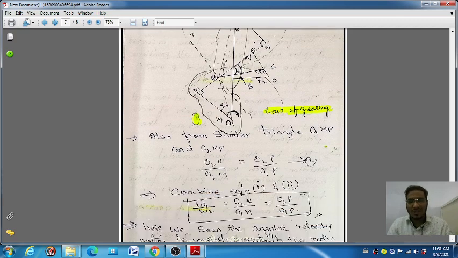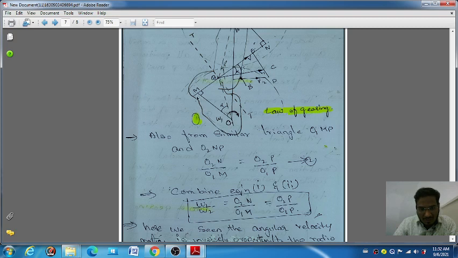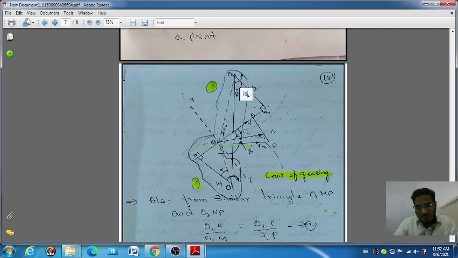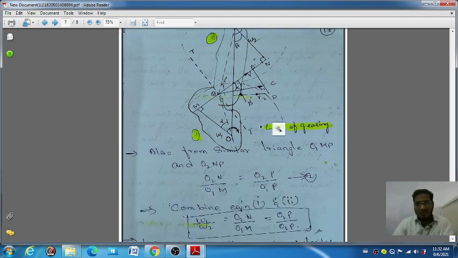Here you can see the derivation part also, similar. From the tangent, O1MP, about this point. What are you noticing? A right angle triangle will be formed, with the 90 degree at point M. Like this, O2NP also has a 90 degree angle, a right angle triangle.